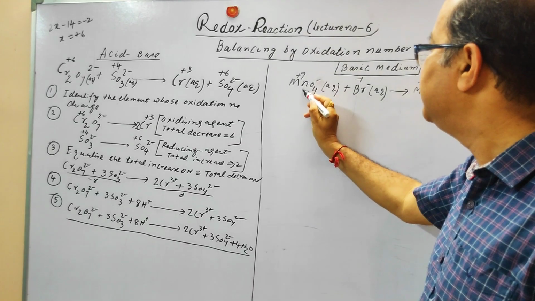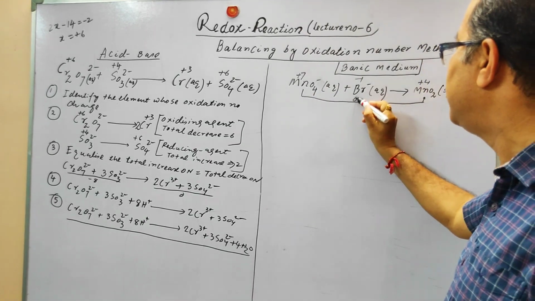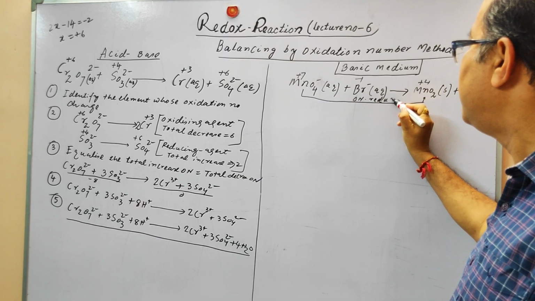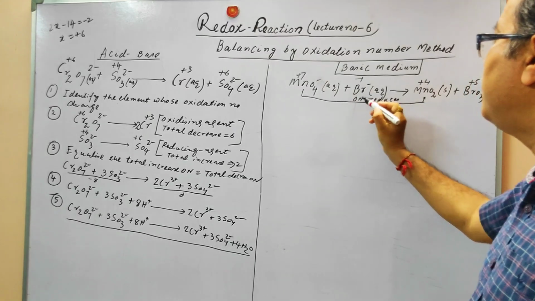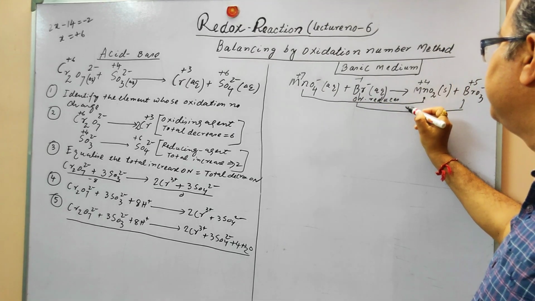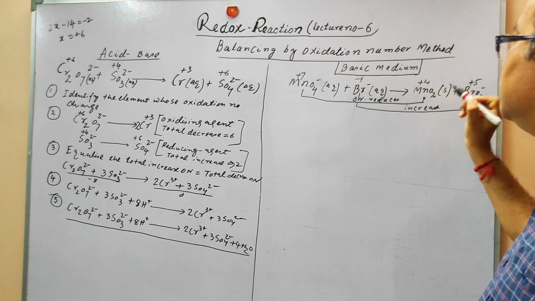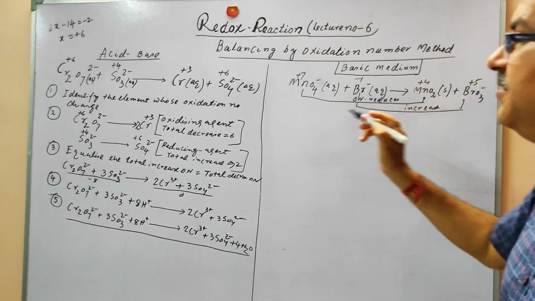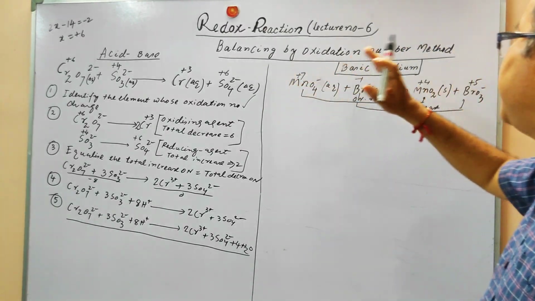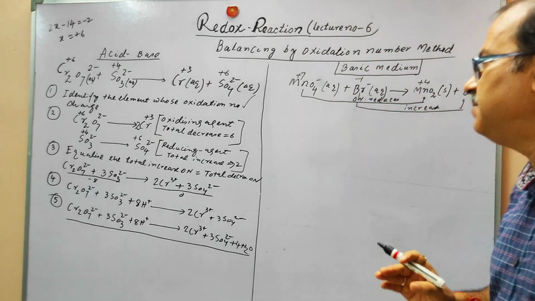So the oxidation number of manganese is reduced, so it is the oxidizing agent, whereas bromine increases, so it is the reducing agent. So the first thing we have done is identify the elements whose oxidation number has changed. Here both manganese and bromine change their oxidation number.